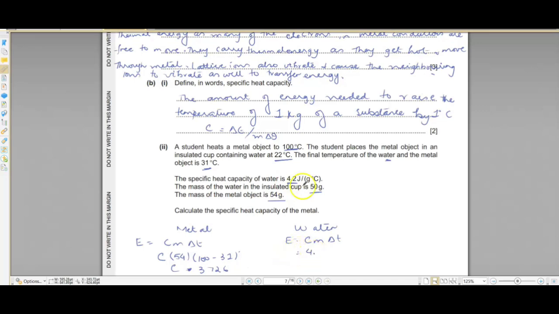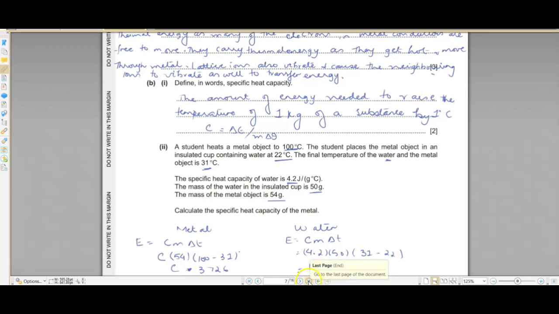C we know is 4.2. Mass we know is 50. Delta T is going to be 31 degrees minus 22. So this is going to give us an answer of 1890.